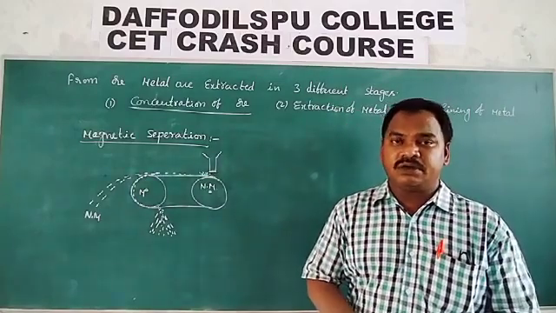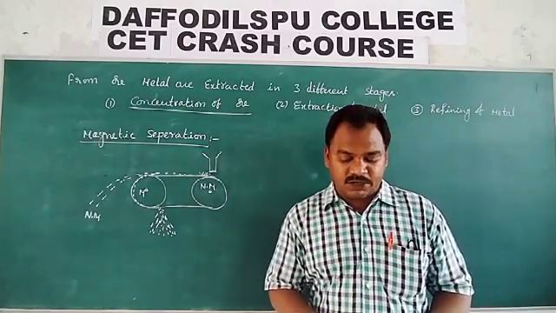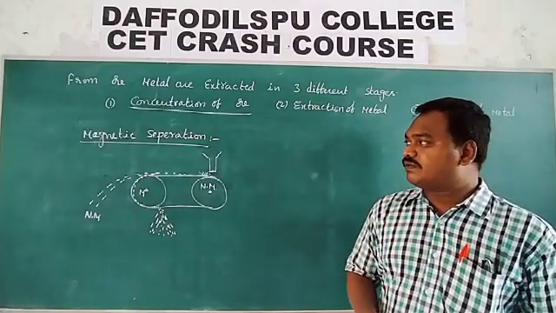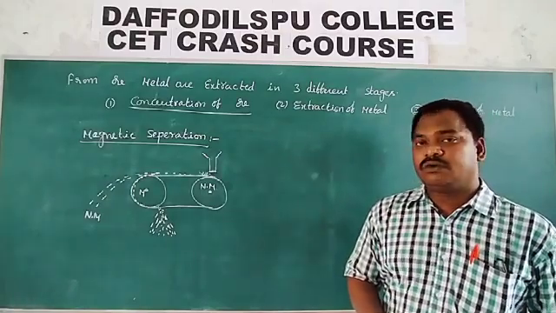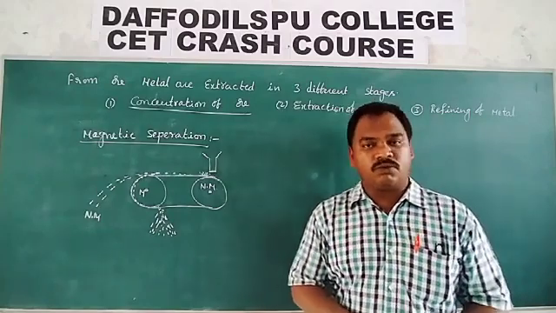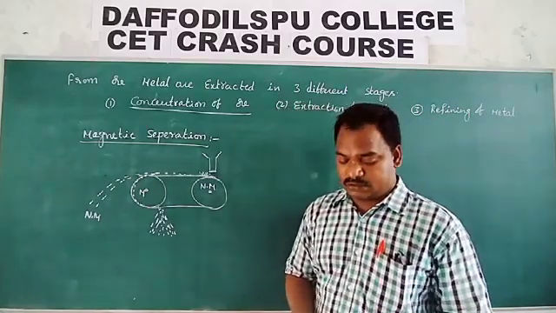Cassiterite is the ore of tin. And this one is also used for the purification of wolframite. Wolframite is FeWO4. This is about magnetic separation.